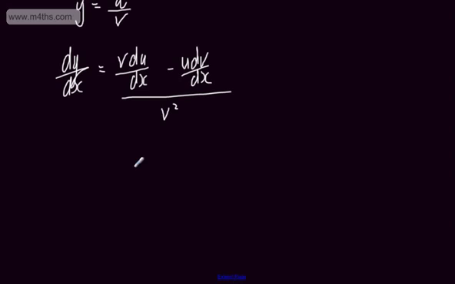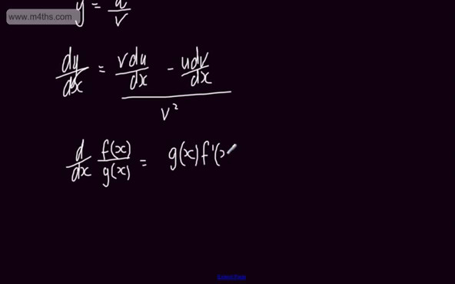If you want it in function notation form, we can say now the derivative with respect to x of f of x over g of x. So these are now just two functions of x. This will give us g of x multiplied by f dashed of x.